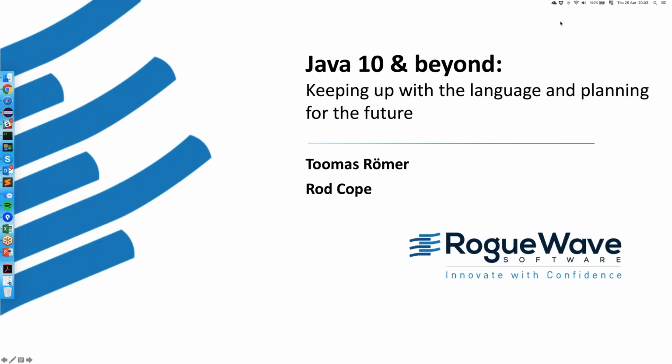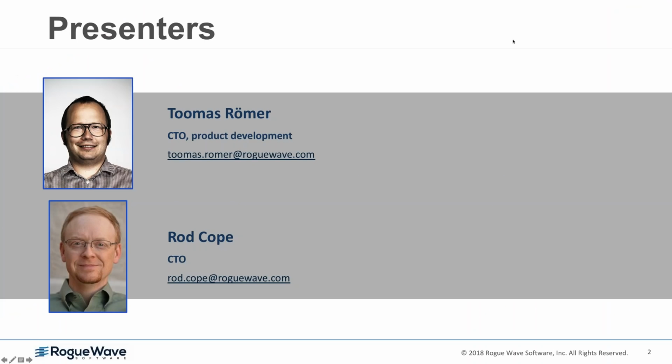Now, with us today to discuss how your development teams can keep up with the changes in Java, with an eye towards the future as well, are Rod Cope, Chief Technology Officer at RogueWave Software, and Tom Romer, Chief Technology Officer at Java tools company Zero Turnaround, which is now also a RogueWave company. Rod was the founder and CTO of OpenLogic, which was acquired by RogueWave, and he has more than 20 years of experience in software development.